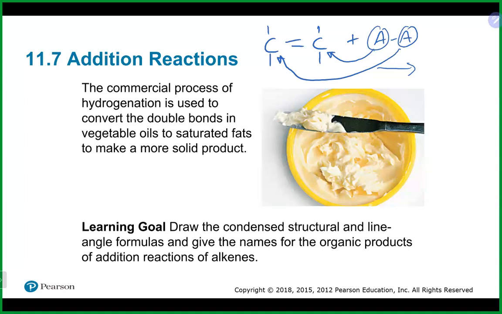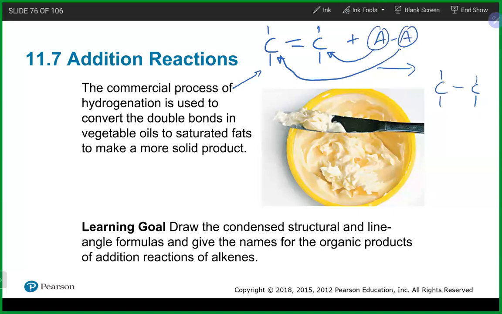So what happens in an addition reaction is we actually have to make room for those guys that are coming in. What always happens in this case is our double bond needs to become a single bond to make room for what's coming in. The good news is you pretty much have the picture right there. We're just going to draw it exactly the way it is and turn it into a single bond. Now each of those carbons has a spot for those guys that are coming in.